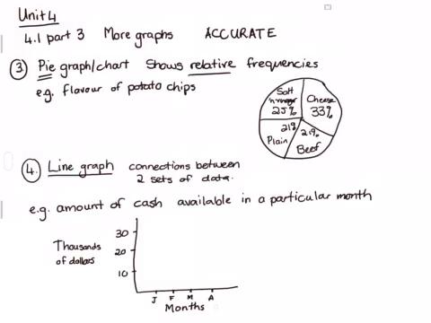So let's say in January they only had $5,000, then it only goes in the middle here. In February they had a lot, they had $30,000. March was 20,000 and maybe April was 25,000.